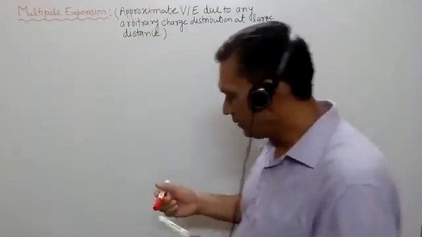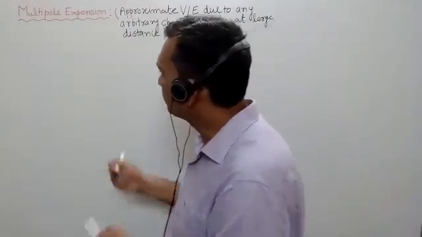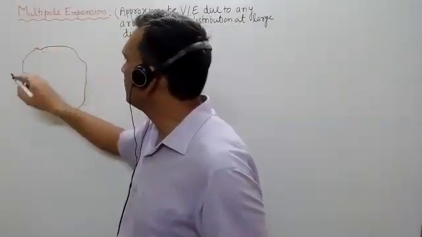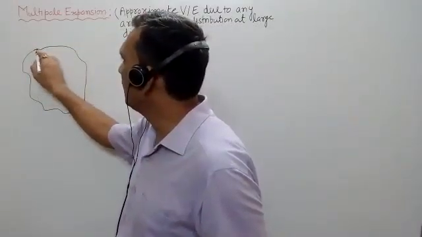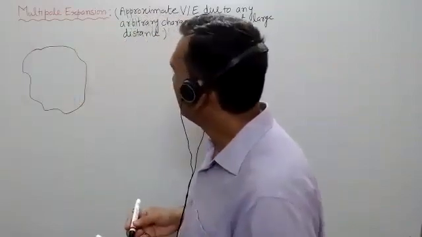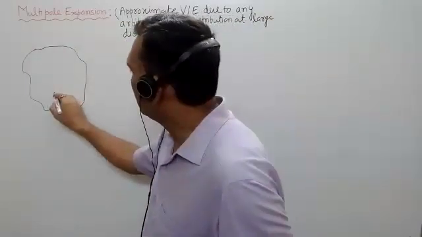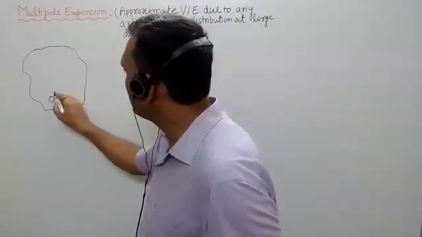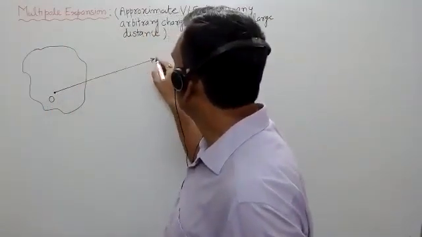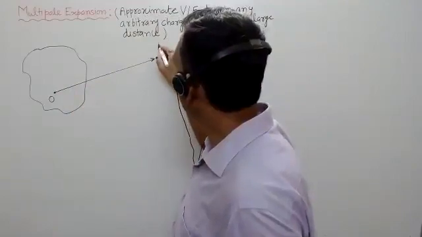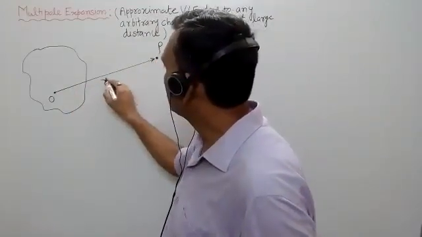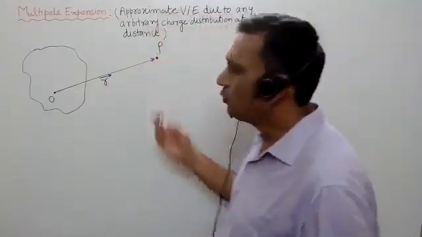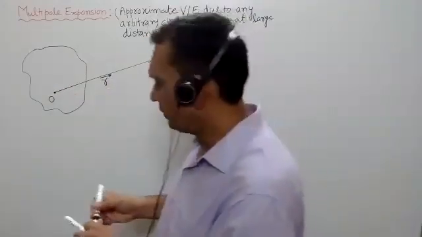So how to find? Let us consider you have an arbitrary charge distribution. Assume it's an arbitrary charge, and this is the origin O, and from this charge distribution at point P, that is r distance away from the origin, you have to find the potential and electric field.